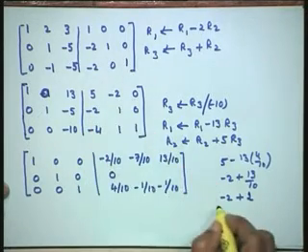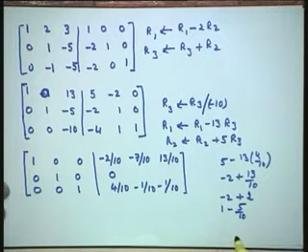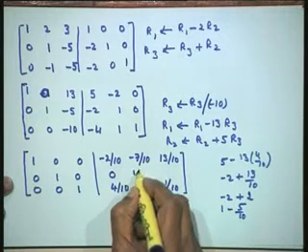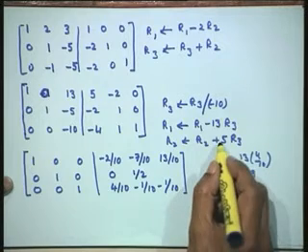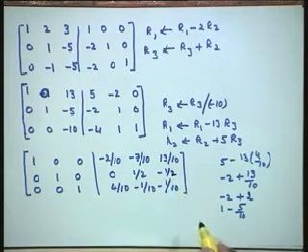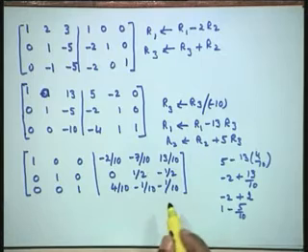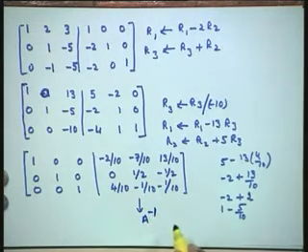Then I have 1 and 5 times this, 5 by 10, that is equal to 1 by 2. And lastly, we are multiplying by 5, that is minus 1 by 2. Therefore, this is the required A inverse of the matrix.